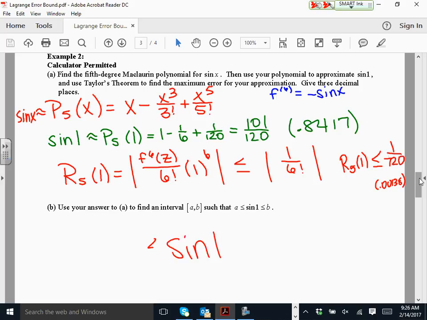So the sine of 1 would have to be between our approximation minus the error and our approximation plus the error.